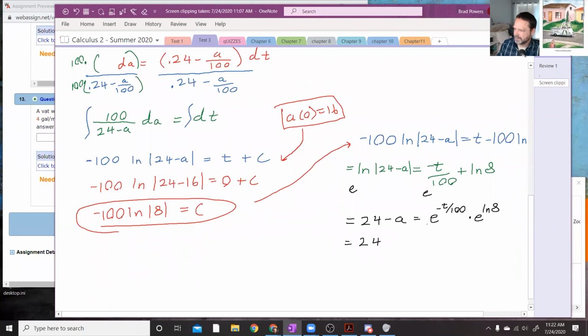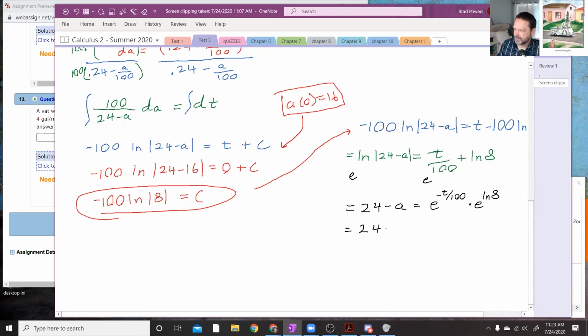Let's see. This is positive. This is positive. Okay. 24 minus a equals 8 e to the negative t over 100.